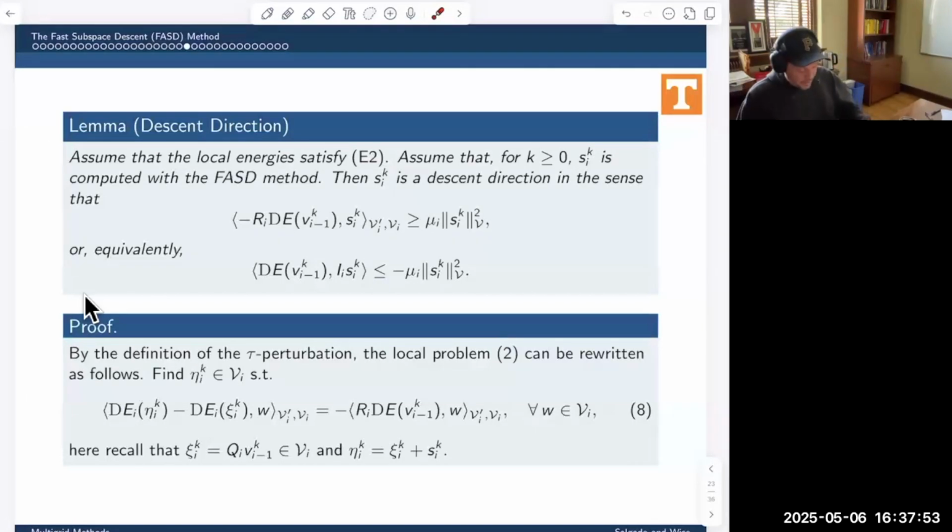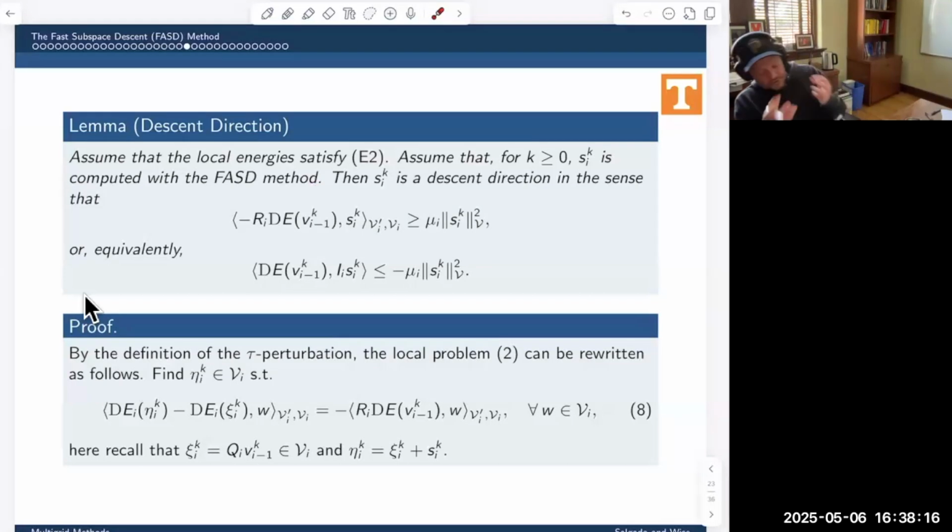All right, so let's suppose that the local energies satisfy E2. This proof is a nice short proof, so we'll go through this one. Suppose that the local energies satisfy E2, and assume that SIK is the search direction computed by the FASD method.